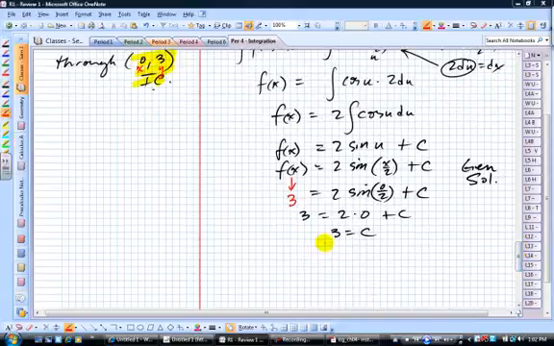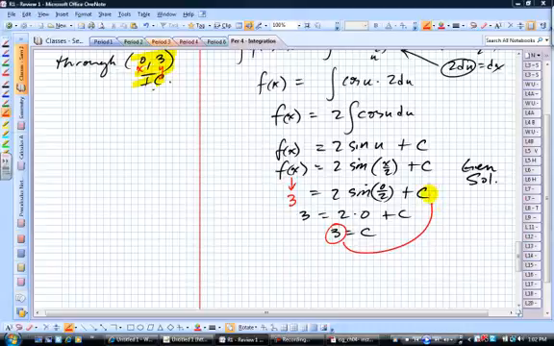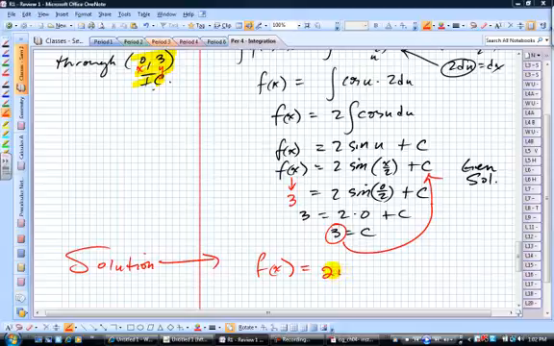And so that tells me that my constant of integration is 3. So my solution is f of x equals 2 times the sine of x divided by 2 plus, oops, not c, but 3. And there's my solution. Okay, so you're going to have to do that in numbers 58 through 62.